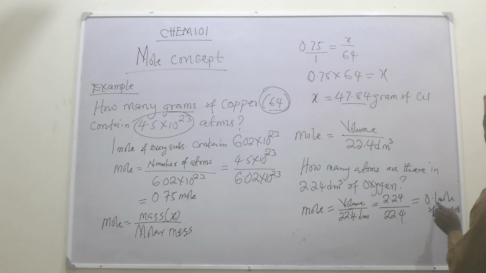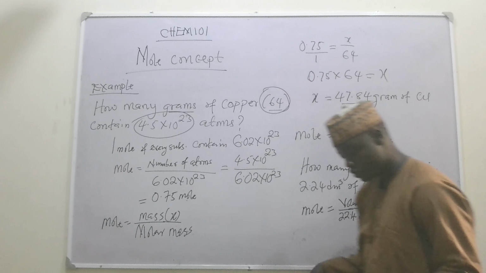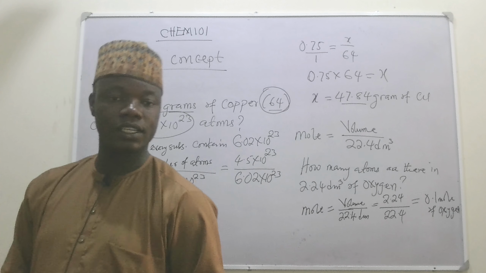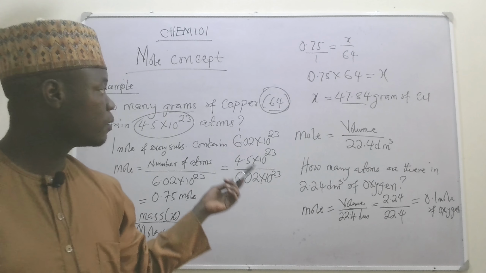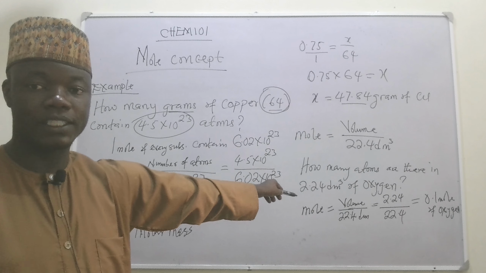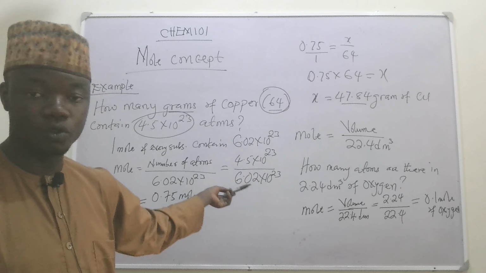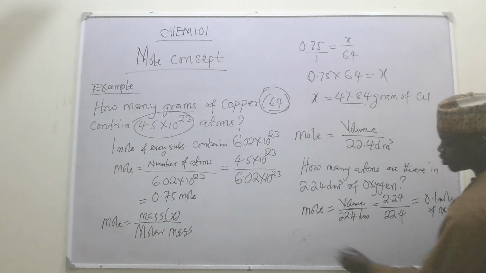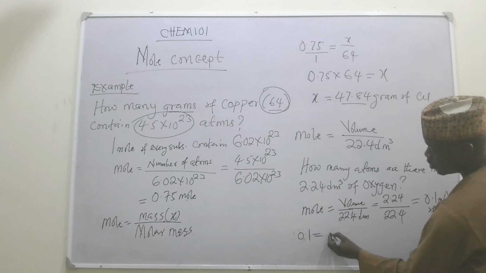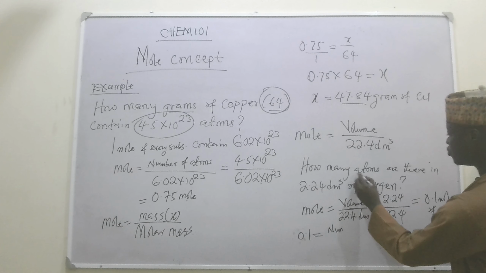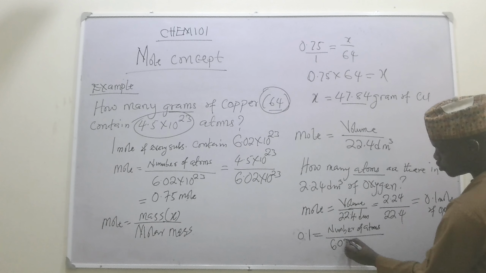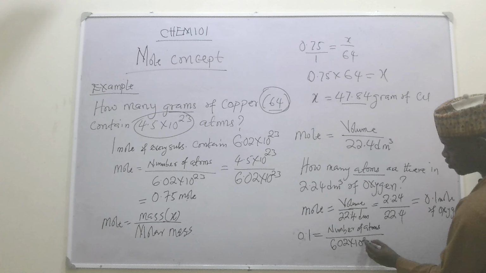Now, since we have 0.1 mole of oxygen, how do we get the number of particles present in the 2.24 dm cube? We can say 0.1 is equal to the number of atoms divided by 6.02 times 10 raised to the power of 23.